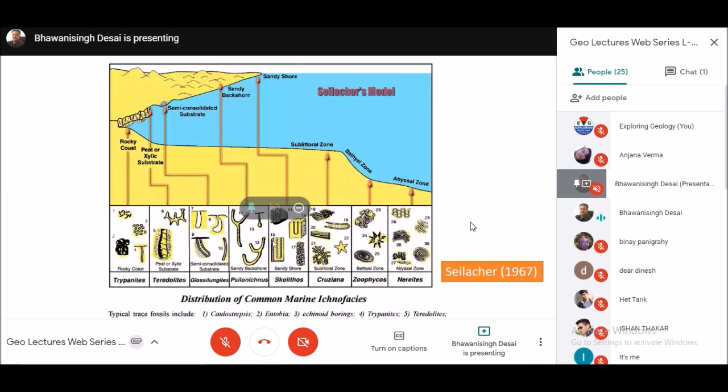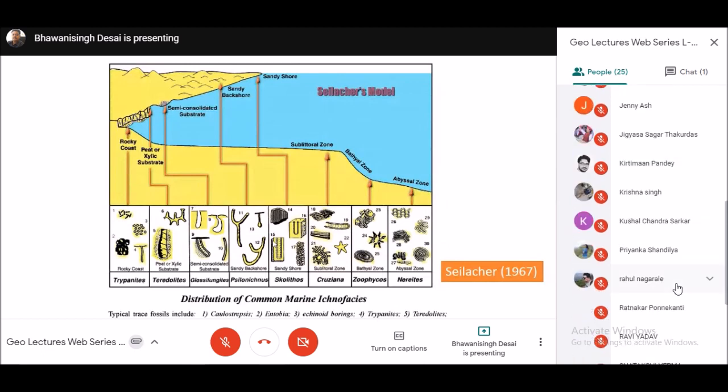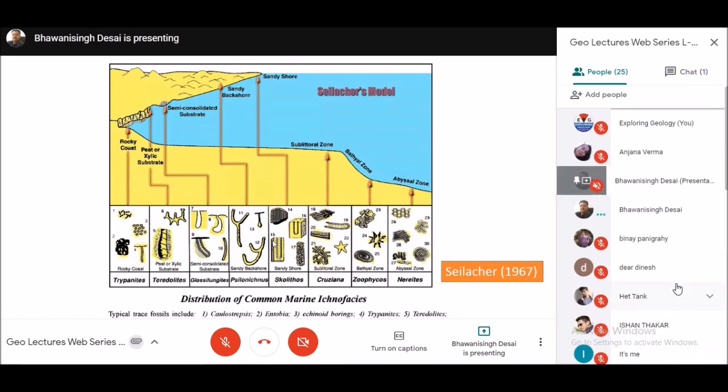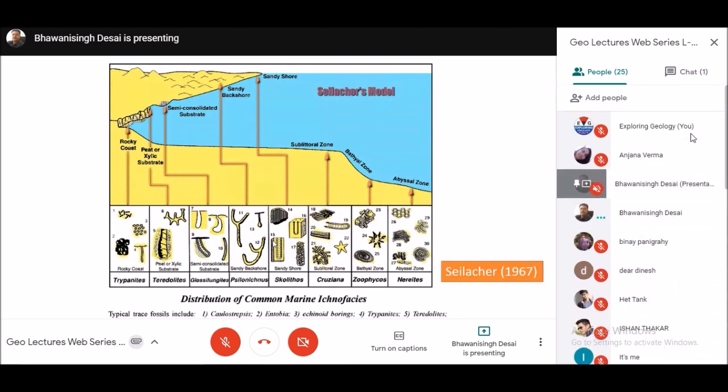This means that the animal community is changing, their behavior has changed, and there are a lot of other implications. So in this Seilacher model, if we want to use it in identifying a sedimentary environment, we have to look for these assemblages.